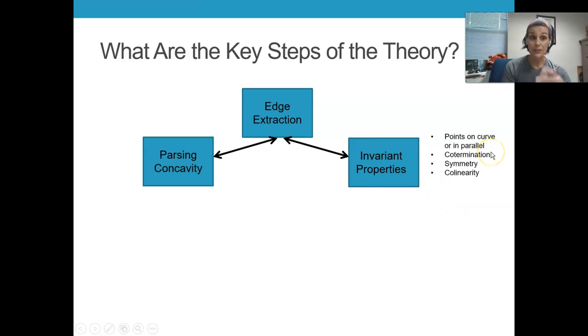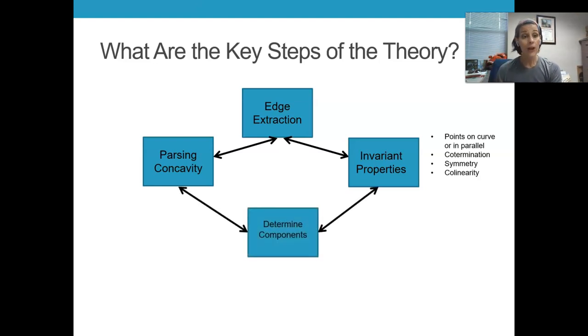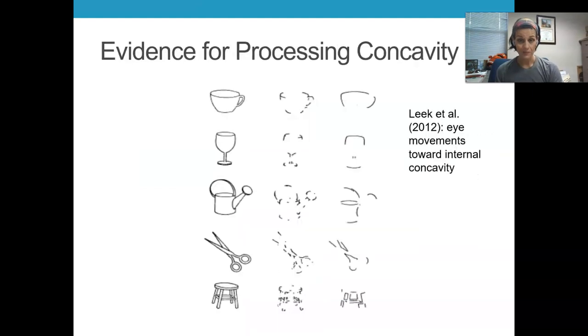That will include whether or not there are points on a curve or in parallel, cotermination, so when two edges start or end together, symmetry, collinearity, so things basically falling on the same line. So we look at concavity, we focus on the invariant properties, and from that we determine the geons that are involved. From that, we can match to a representation and identify the object.